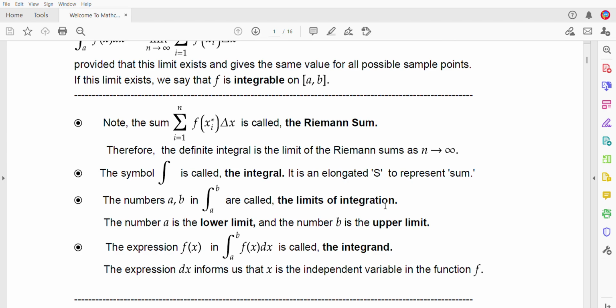The number a is the lower limit. The number b is the upper limit. The expression f(x) in here is called the integrand. The expression dx informs us that x is the independent variable in the function f.